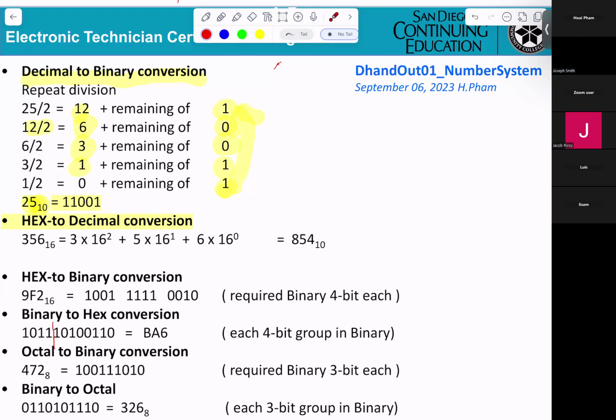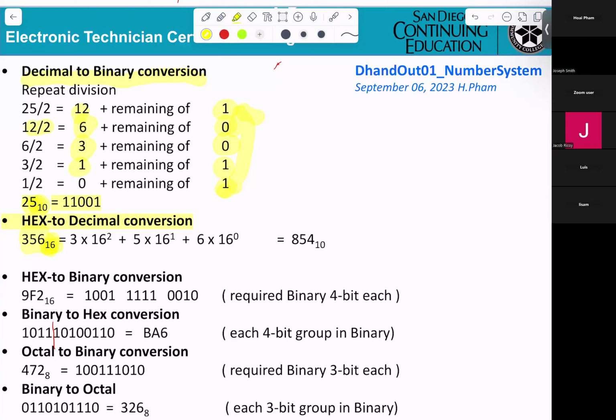Okay, and now if you want hex to decimal conversion, you get 356, base 16, that means hexadecimal.